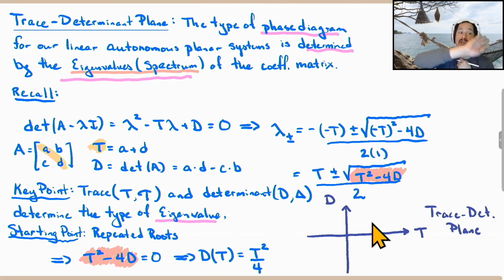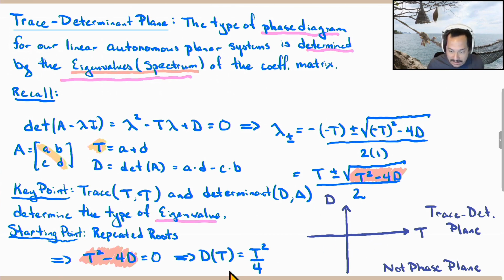So there are infinitely many phase planes being told to us by this trace determinant plane. And so this is not phase space. It is a whole plane of points where every single point in the plane is a corresponding phase space. But it gives us a good analysis.